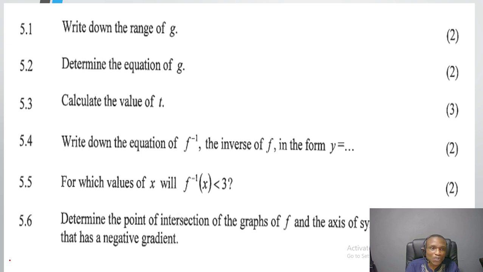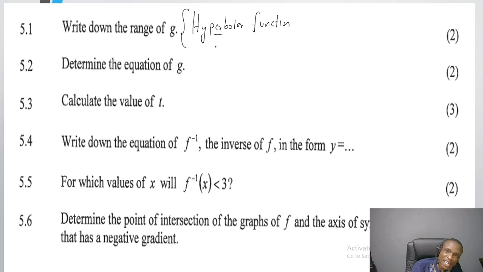Okay, write down the range of g. Let's look at g. We remember that g is a hyperbola function. 2 marks. Now we are in the exam. I want to show you how we get easy marks in the exam.